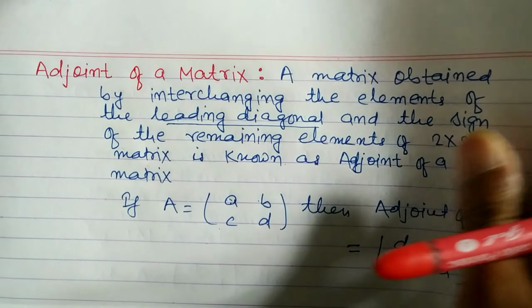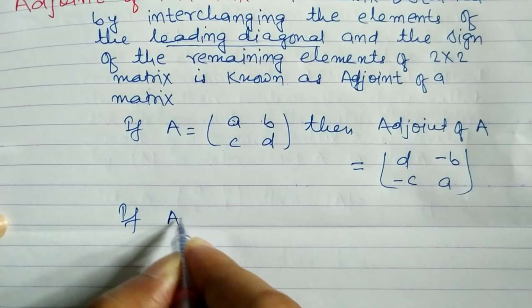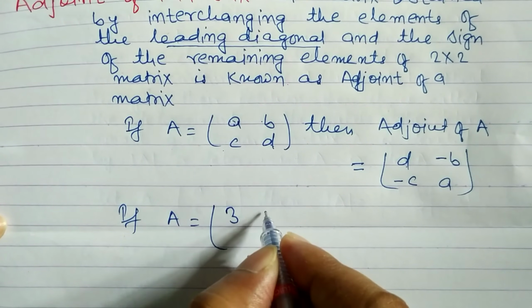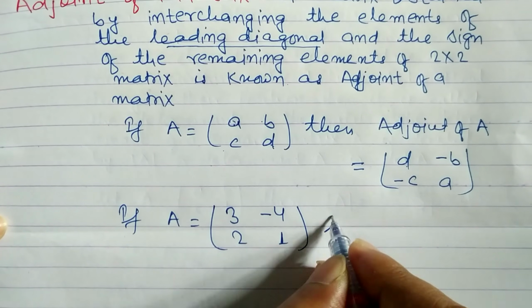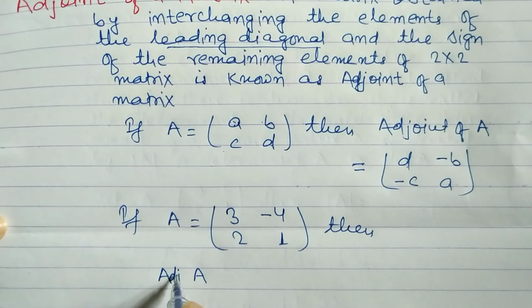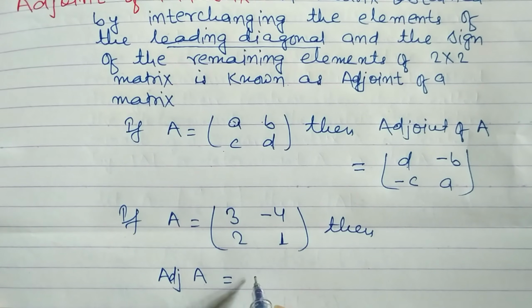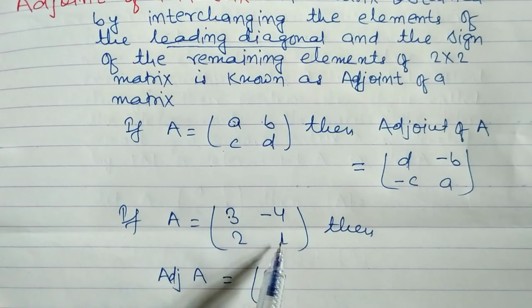I will show you one more example here. If we have A is equal to 3 minus 4 2 1, then adjoint A, we can write A D J also. Adjoint A is equal to, what we have to do, we have to interchange the elements of the leading diagonal. 3 and 1 we have to interchange.